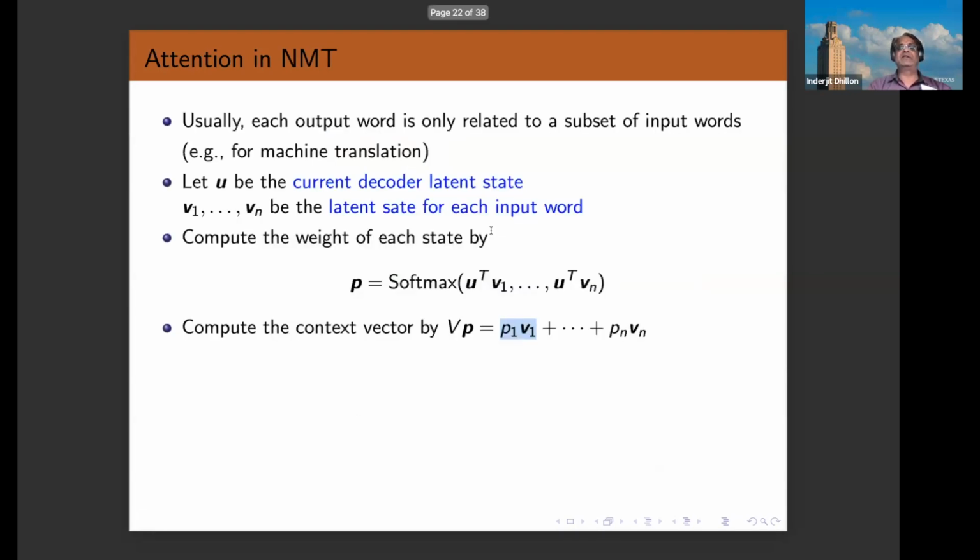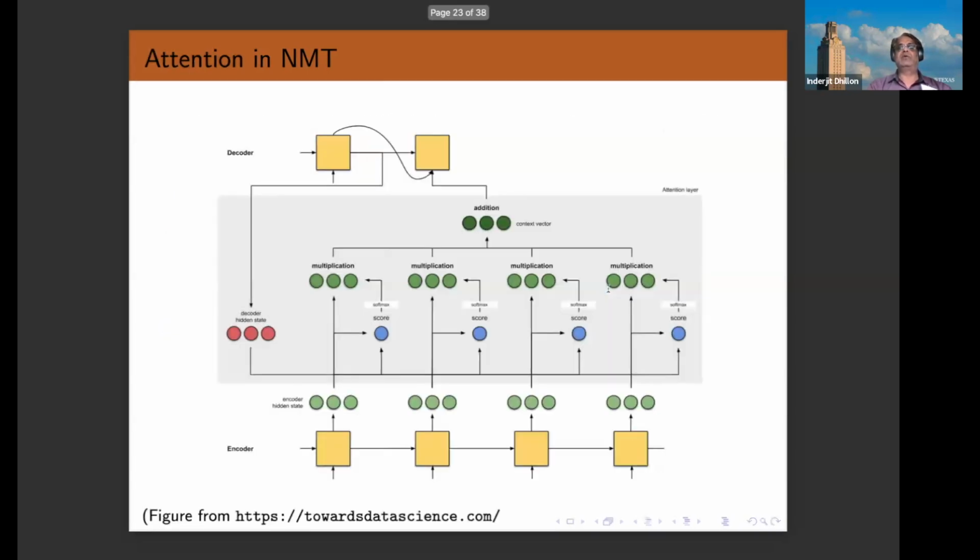So it's basically capturing what we just said over here. And that's what you feed into the next state. So this is the decoder hidden state, and this is representing the inner product with the encoder hidden state, and so on.